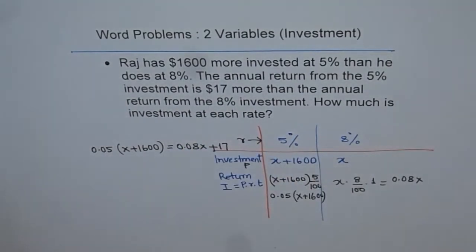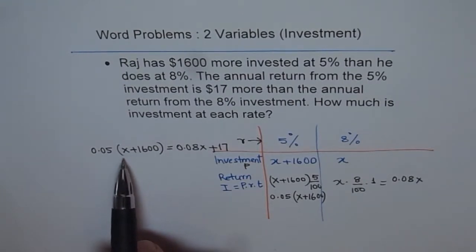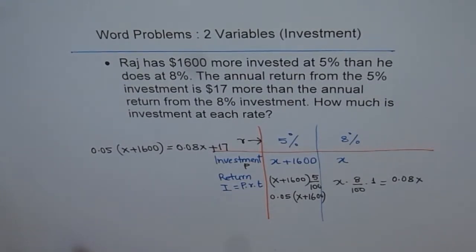So that is our equation. Do you see that? So that is how we get the equation for this problem. Now, solving this equation, we can find the value of X, and then we know how much is invested at each rate. Correct? So let's solve this.